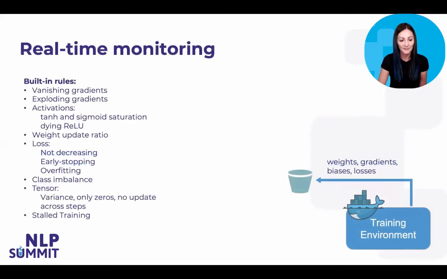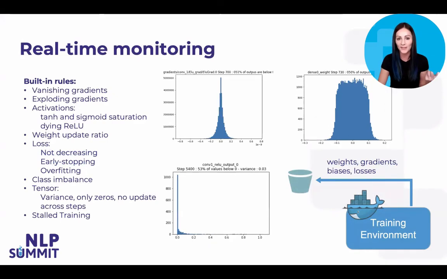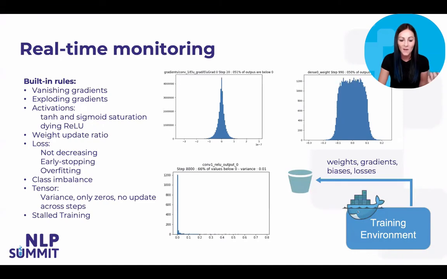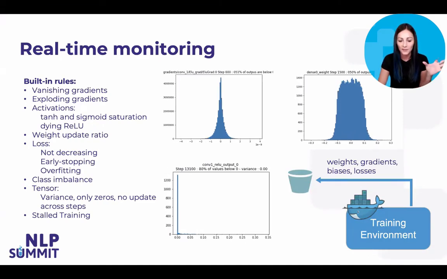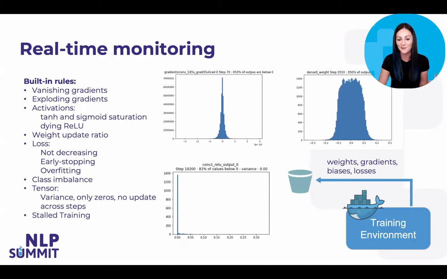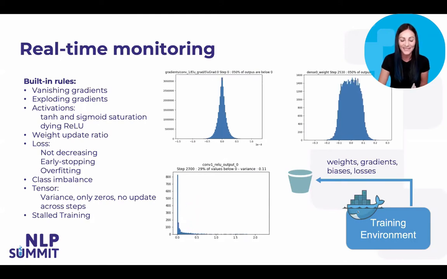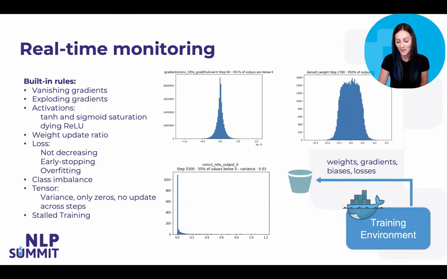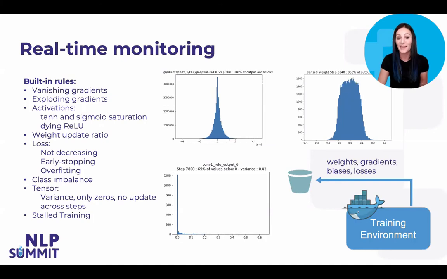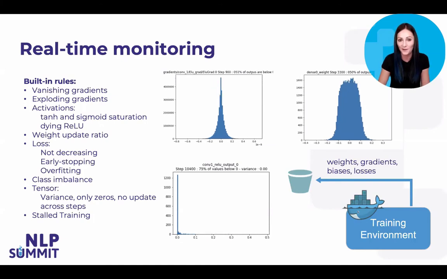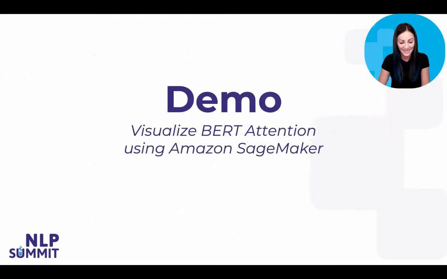And here's an example of those built-in rules. So you can basically create hooks into your model training and then see and plot, for example, gradients. So you can see the distribution, and if you have a vanishing gradient problem or exploding gradients, activations, losses, etc. So this is what we're going to try now to do with our BERT model. All right, let's jump into the demo part.